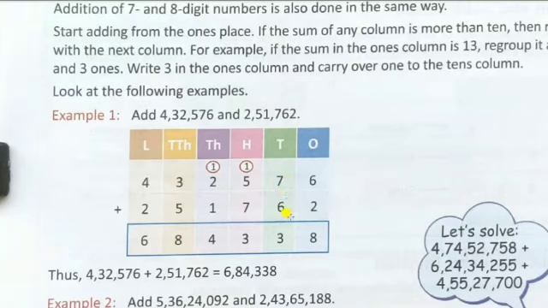From 13 when we regroup, 3 is considered as the ones digit, so we write 3 here, and the digit 1 is related to tens, so we take it as remainder in the next column. So here we have written 1. Now this 1 becomes the remainder.